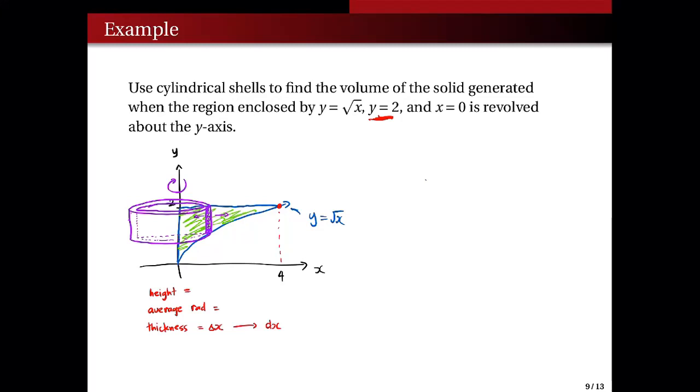The radius will be from the axis of revolution going to that strip. The distance from this point to this point is simply x. So the average radius here is just x.